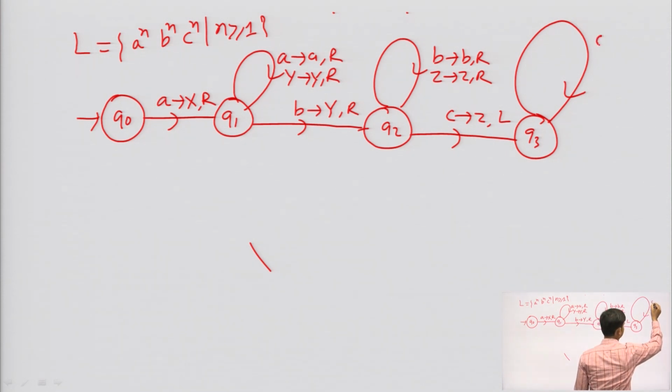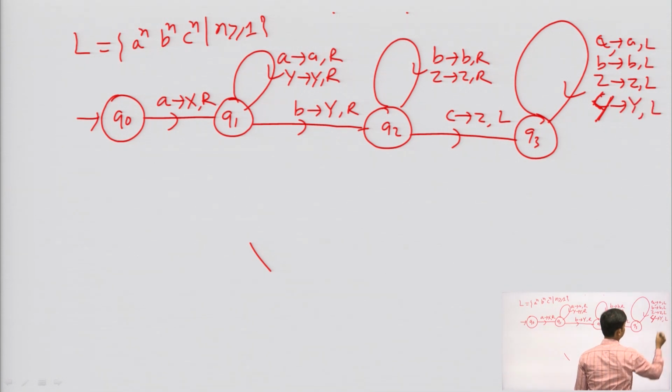Here you will get all a, a L, b, b L, and z, z L, and c, y, y L.